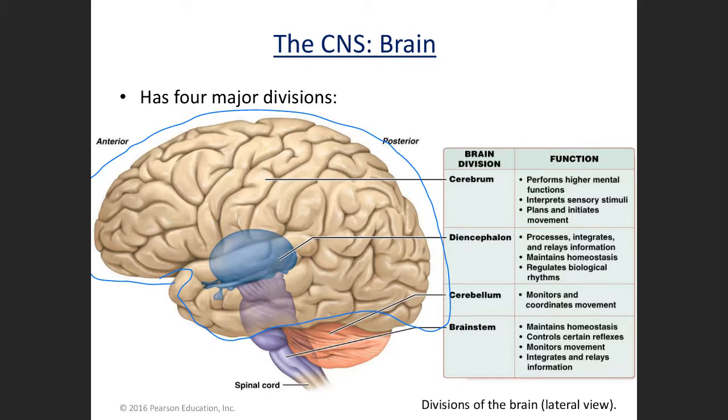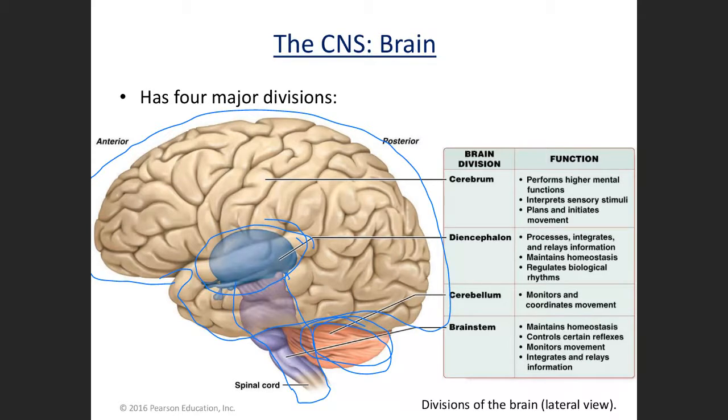This whole large part here is your cerebrum, this middle part located here is your diencephalon. Then you're going to have this whole long structure here, from here down, which is your brainstem. And then the little bump at the back is your cerebellum. That little guy is the cerebellum.